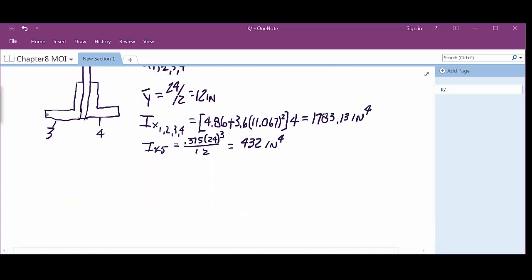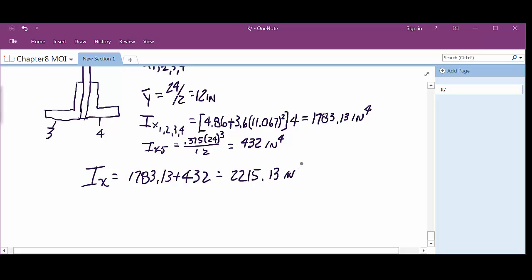And we just add those up and we get the moment of inertia about the x-axis for the whole system, don't we? 1783.13 plus 432. How about 2215.13 inches to the 4th? And that's the only one you had to do on that one.